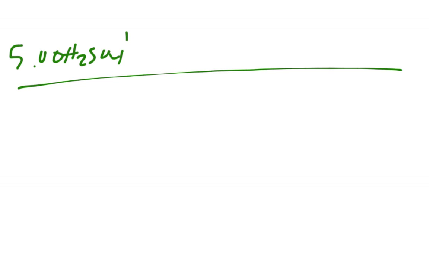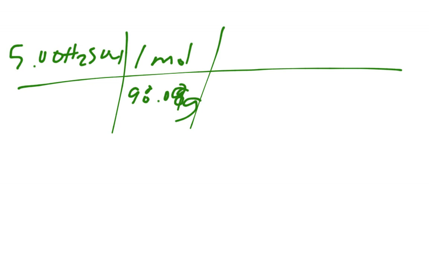Okay, so we're going to go 5 grams of H2SO4. Make my table here. It has a molecular weight of 98.09 grams per mole. And we're going to compare it to the lead acetate.